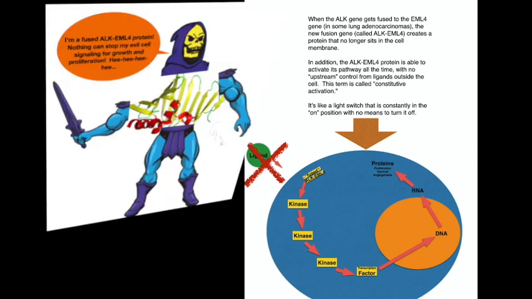When transcription occurs, this new fusion gene creates a protein that no longer does its job. And what the protein ends up doing is actually sitting within the cell itself, not within the cell membrane.